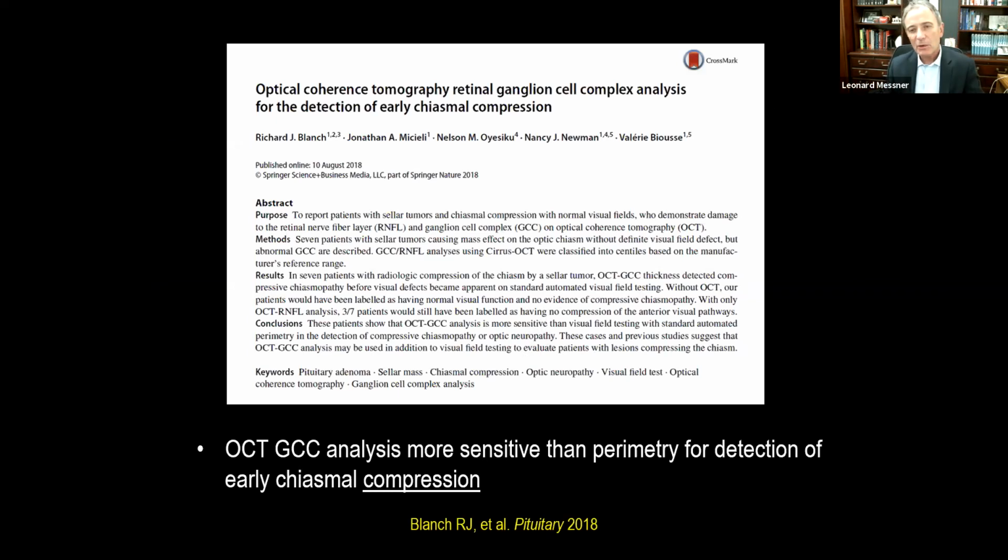So yes, it's important that we do visual fields if we suspect an individual of having a chiasmal syndrome, but I throw this in just to illustrate the value of doing an OCT and specifically looking for that binasal thinning.